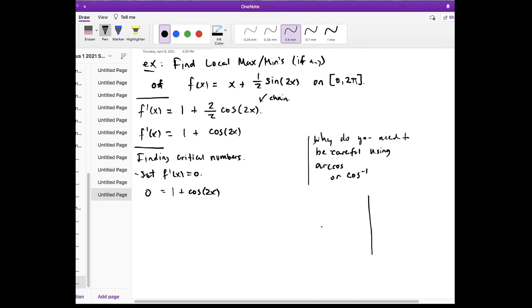What values does it give you? What's the range of cosine inverse? Do you remember which one?